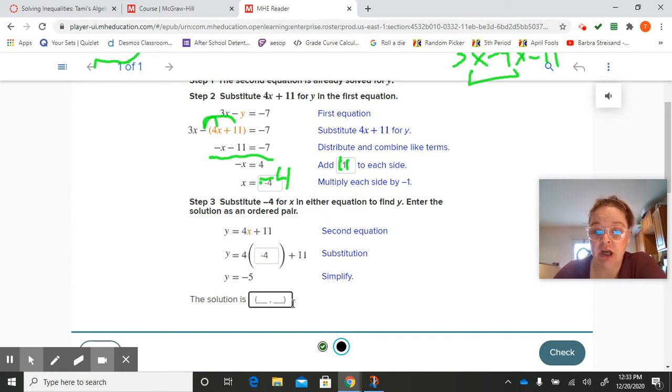So we get the solution of -4, that's our x, comma, -5, that's our y. And we're going to make sure that we put that inside of parentheses because this is a coordinate. This is where the two lines for those equations cross. This is the exact point on the coordinate grid where those two line up.